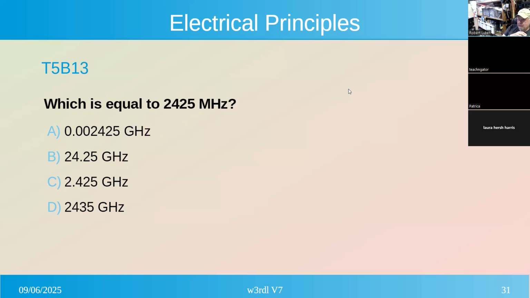Which is equal to 2,425 megahertz, and they want this in gigahertz. Remember, a gigahertz is 10 to the ninth. A megahertz is 10 to the sixth. Charlie. Yep.